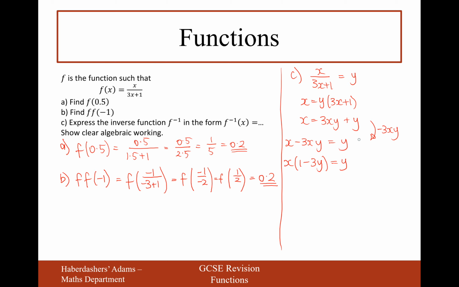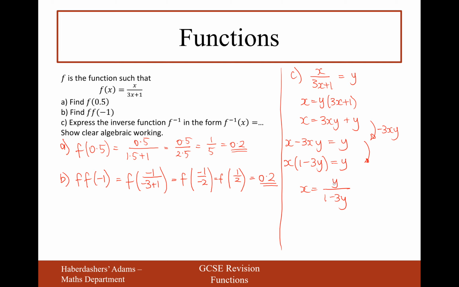You can see what's happened here. From this line to this line, I've turned a function that has two x's in it into a function that just has one x in it. So when I divide by what's in the bracket, it perfectly gives me a function where x is equal to something on the other side, the y letters and some numbers are on the other side, but more importantly, x is not a letter on the other side here.